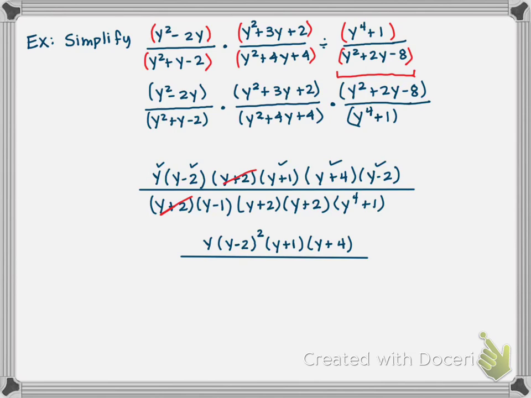And then on the bottom, I've got y minus 1. And then there's 2 factors of y plus 2. And then that y to the 4th plus 1. And that's just done. As ugly as it is, sometimes it ends up ugly. But we have to factor everything to figure it out.